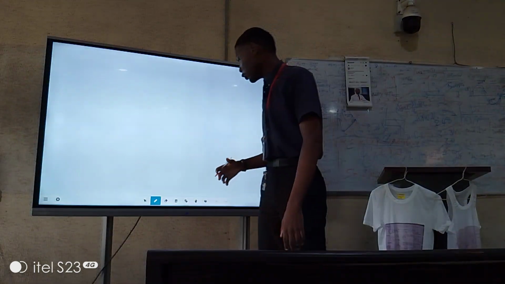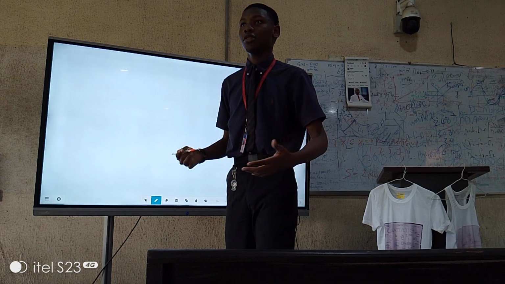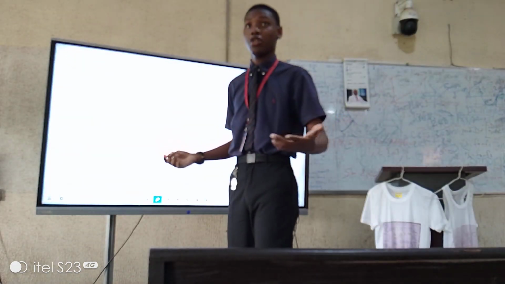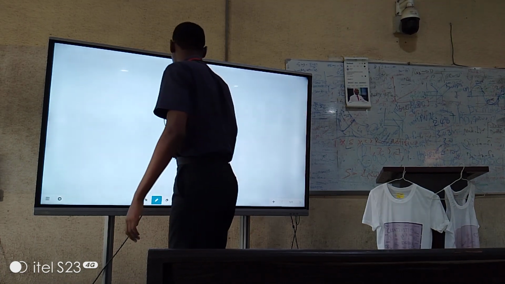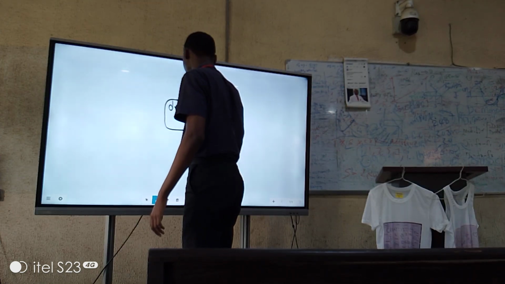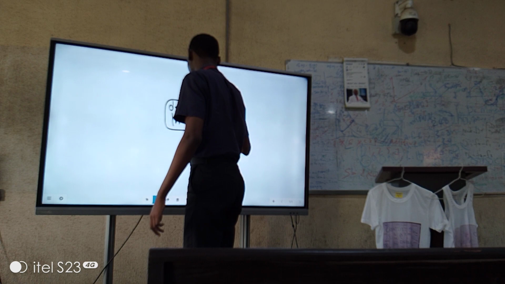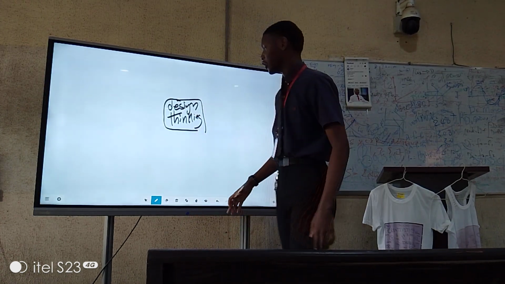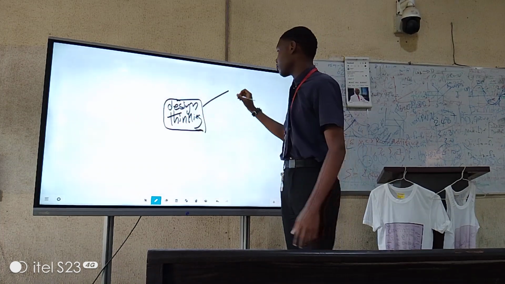So, in design thinking, the first step, I would say, is using your imagination. So, say this is design thinking. Excuse my handwriting. Then I said first thing is imagination.